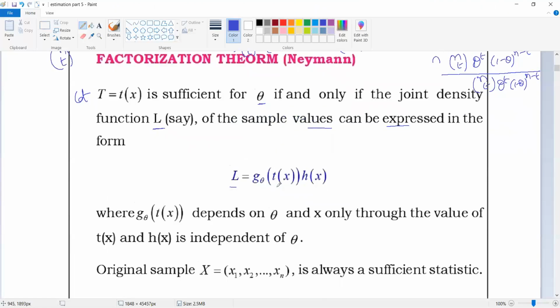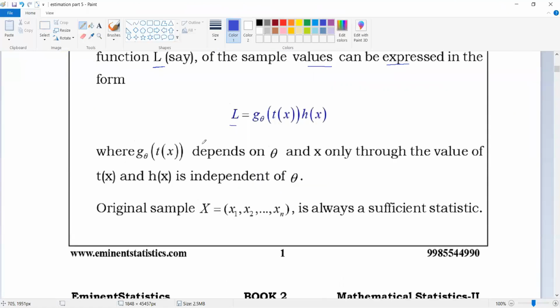Here G of T of x depends upon theta and x only through the values of T of x, and H of x is purely a function of x, independent of theta. T of x and H of x are functions of sample observations independent of theta, but G of T of x depends on theta. So the likelihood function can be expressed in this form.